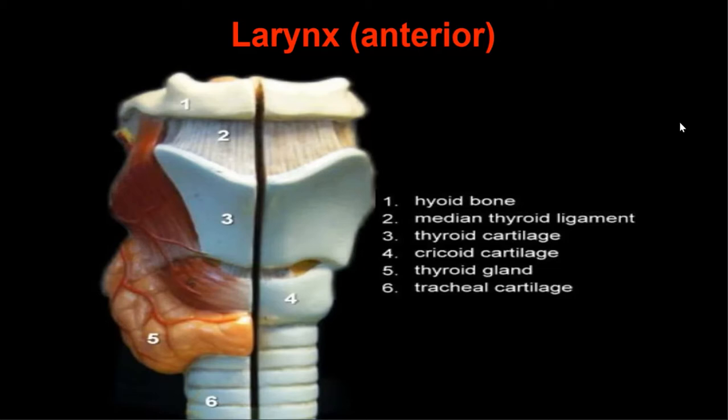There are two joints in the larynx. We'll discuss in detail all these cartilages, the laryngeal framework, mucosal lining, and vocal cords.